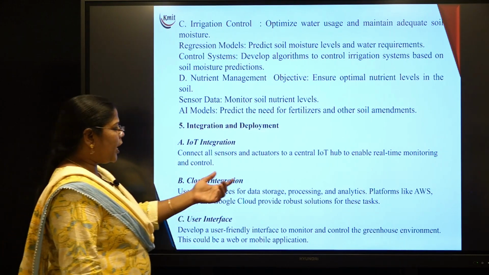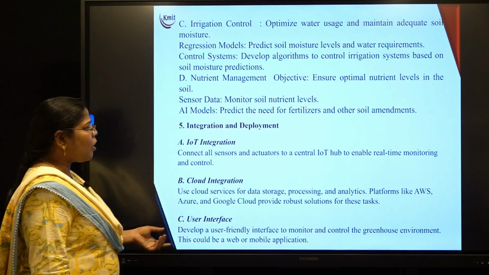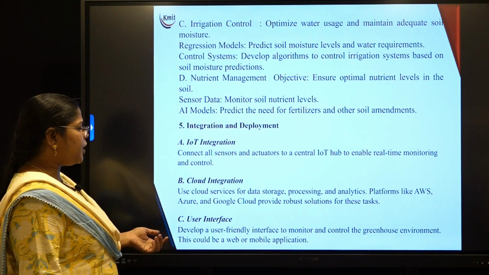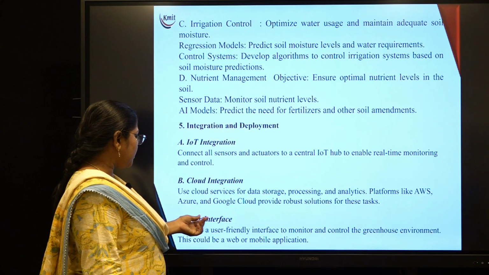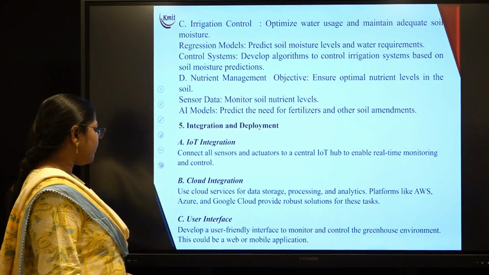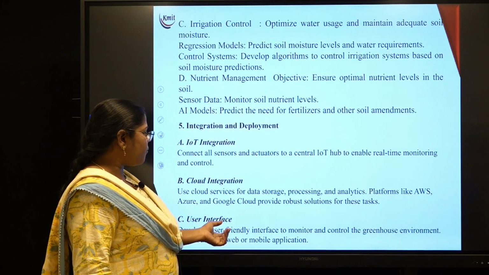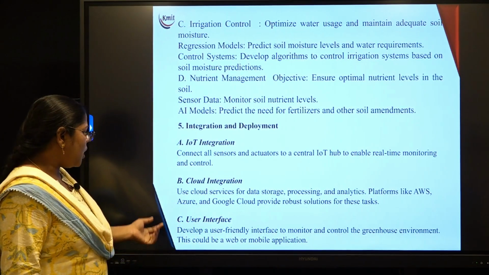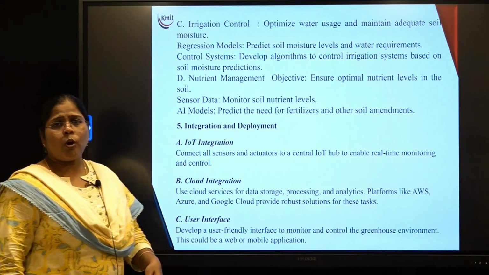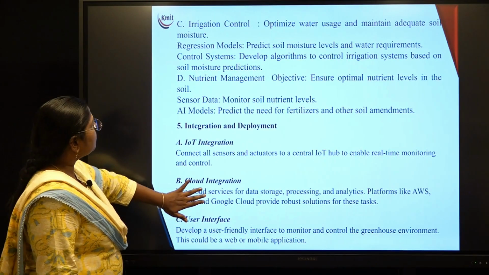We use AWS or Google Cloud for creating a robust solution. After that, we develop a user friendly interface to monitor and control the greenhouse. It can be a web application or a mobile application.